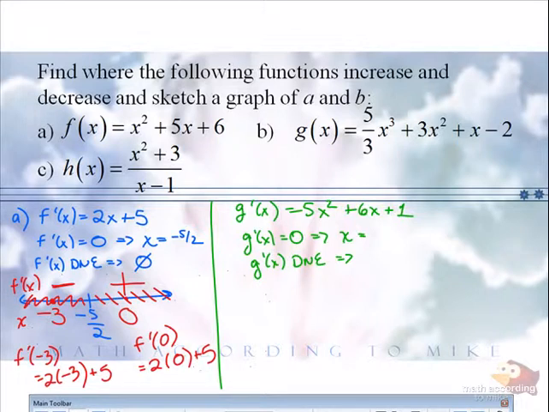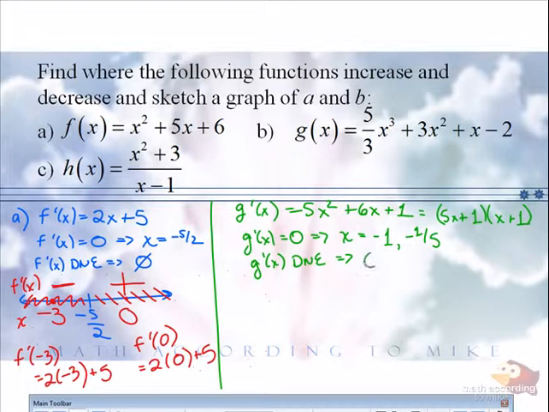If you set those factors equal to 0, what do you get for x? Negative 1 and negative 1/5. Our derivative is what type of function? And the domain of a polynomial is all real, so where does the derivative not exist? There you go.